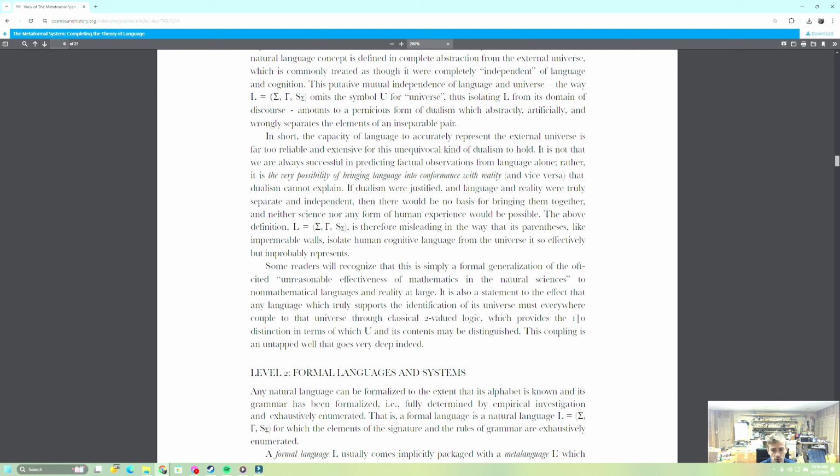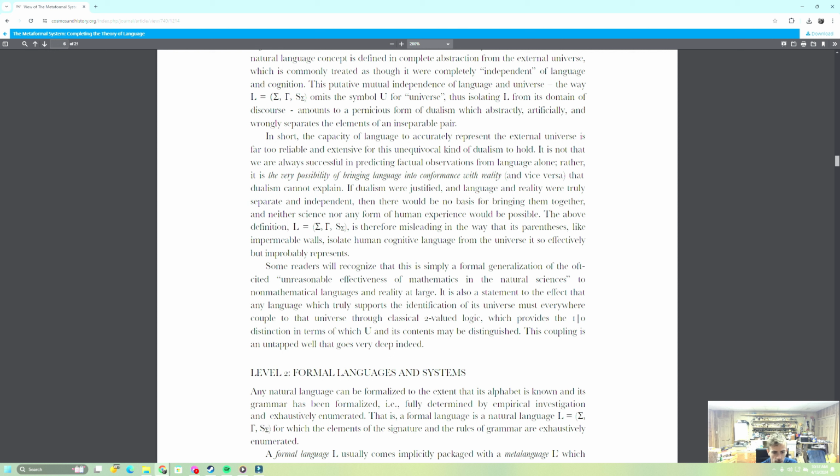It is also a statement to the effect that any language which truly supports the identification of its universe must everywhere couple to that universe through classical two-valued logic, which provides the true, false, or 1-0 distinction, in terms of which the universe, and its contents, may be distinguished.